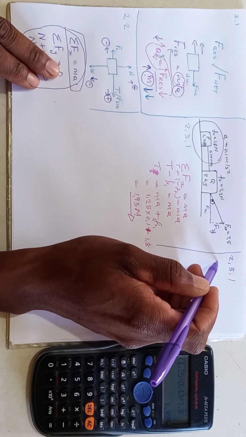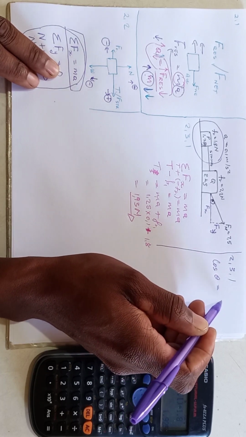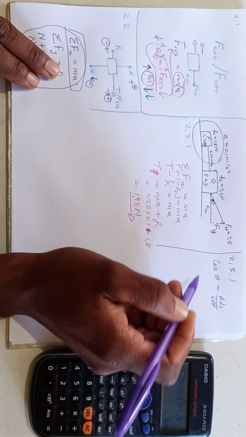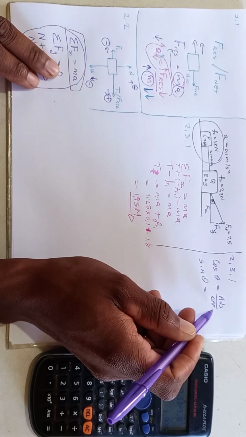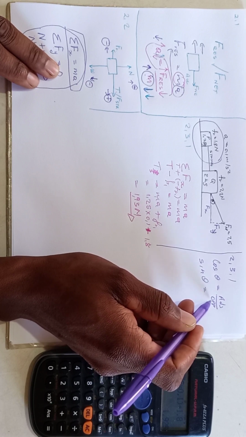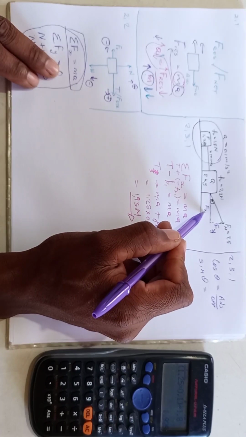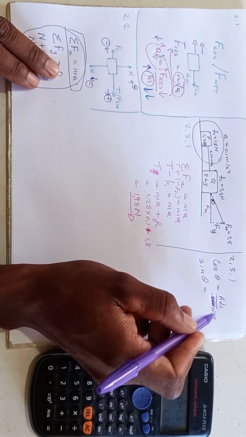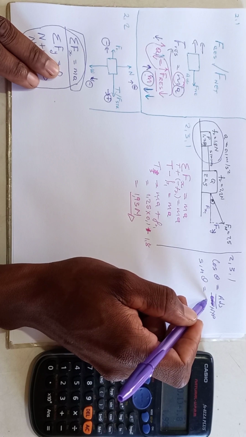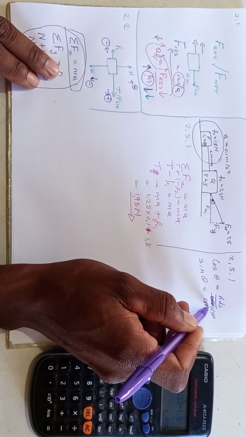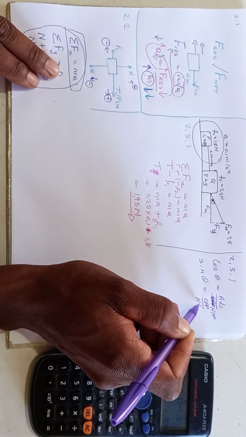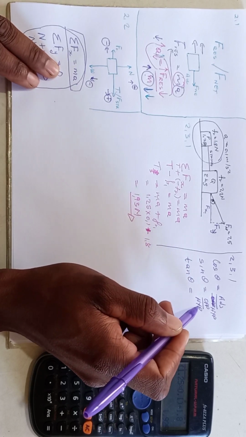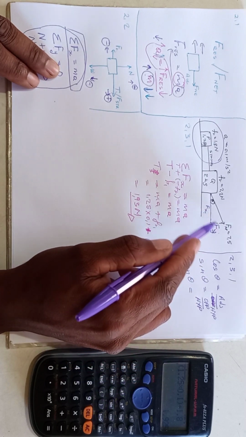You would remember the trig ratios: cos theta is equal to adjacent over hypotenuse, sine theta would be opposite over hypotenuse, and tan theta would be y over x.